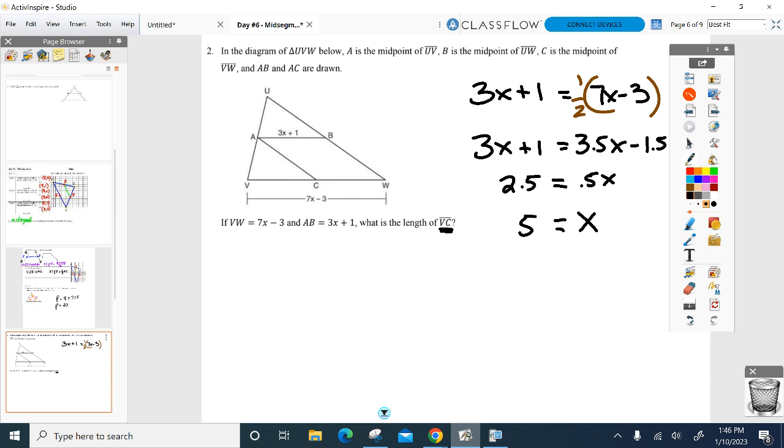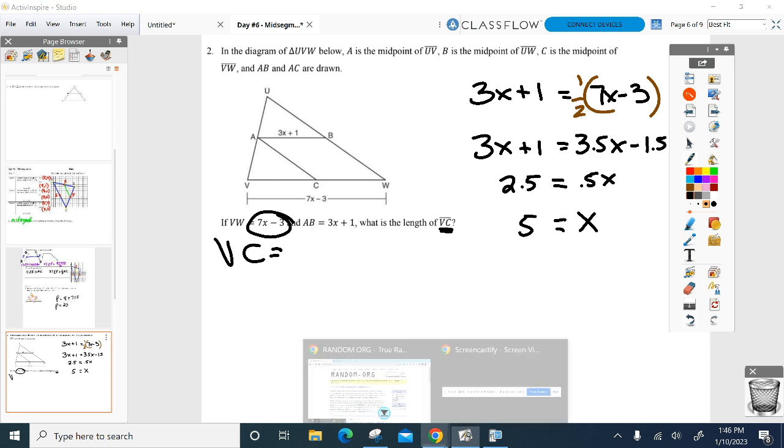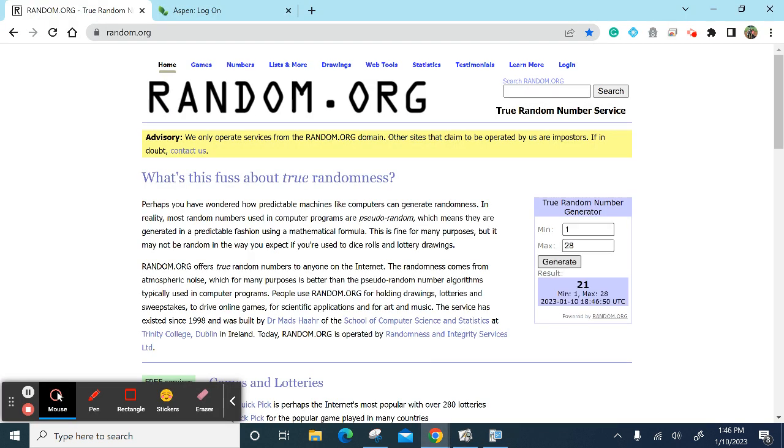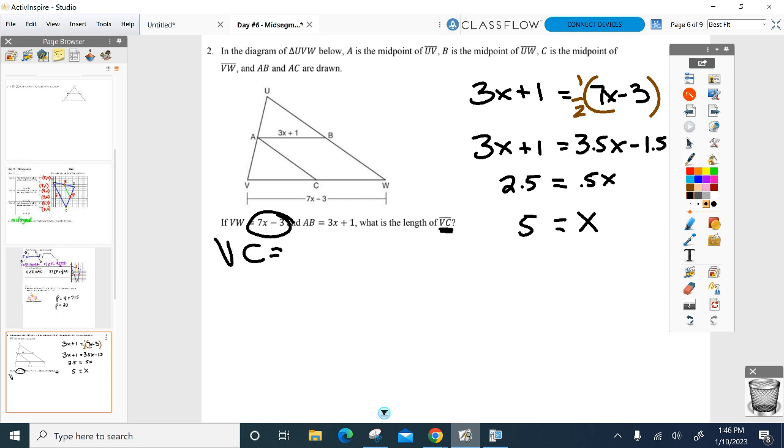That's fine. Yep, 16. So I could do that. I could also just plug it into this and divide by 2. A lot of options, right? All good? How long is VC, not VW? 16.